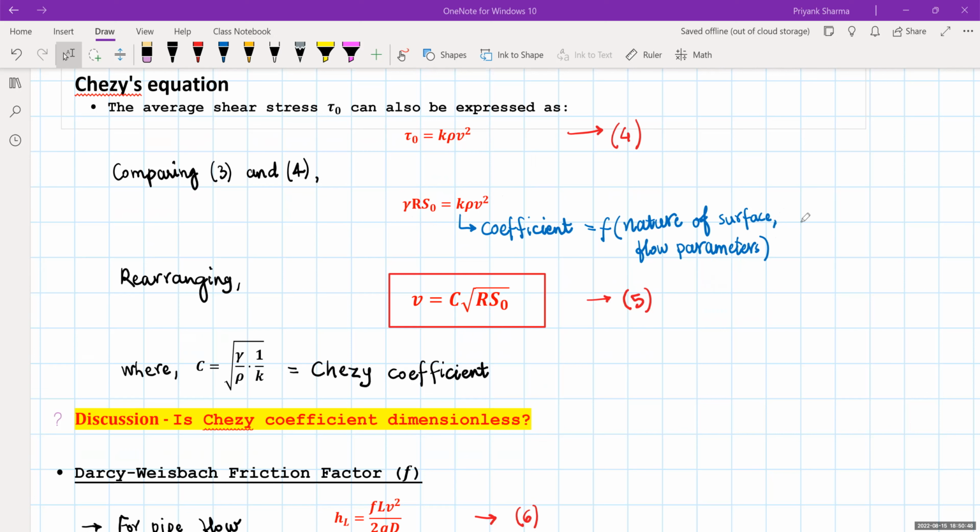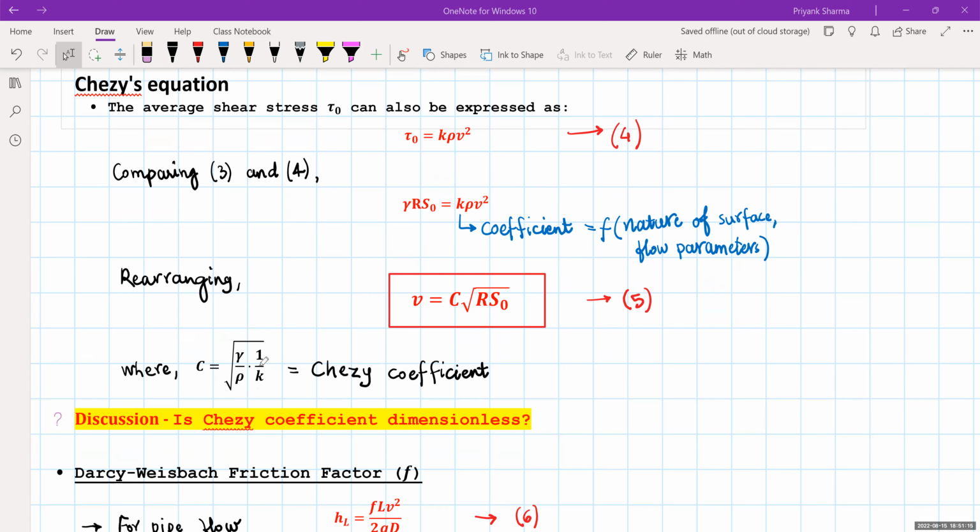On comparing and rearranging, we get velocity is equal to C under root r S naught, where C is the Chezy coefficient, and that is simplified as under root gamma by rho into 1 by k. So that is your Chezy coefficient. That brings us to one more question, whether the Chezy coefficient is dimensionless or it has some dimensions.